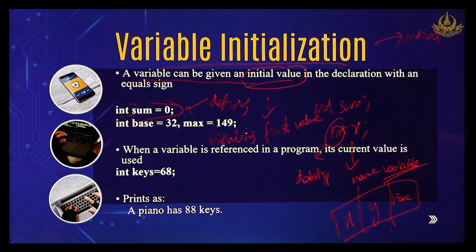Both mean the same thing. We are defining a variable named sum, just a random variable, with the value of 0. We have base with the value of 30, max with the value of 149. The only difference between this declaration and this declaration is that in the first declaration, we are declaring and initializing only one variable. In the second declaration, we are declaring two variables.